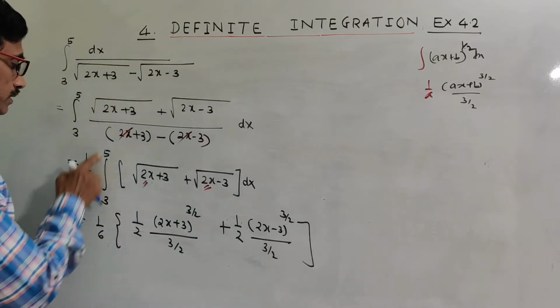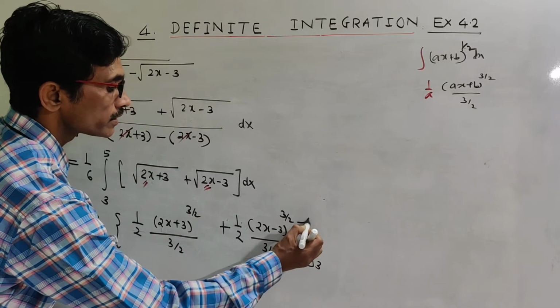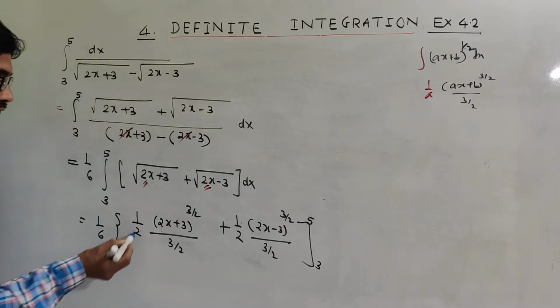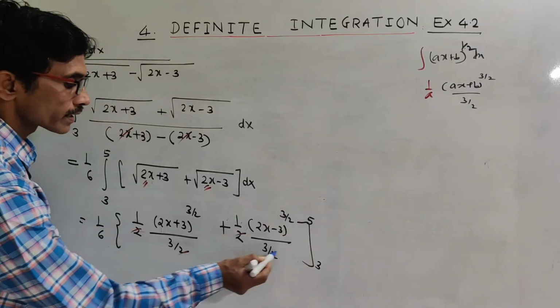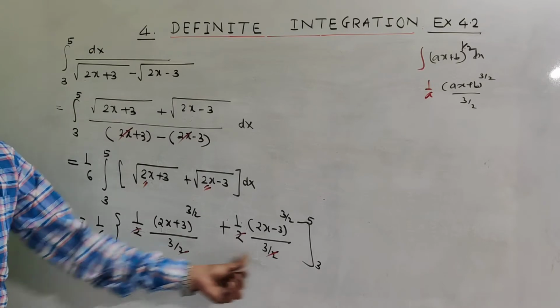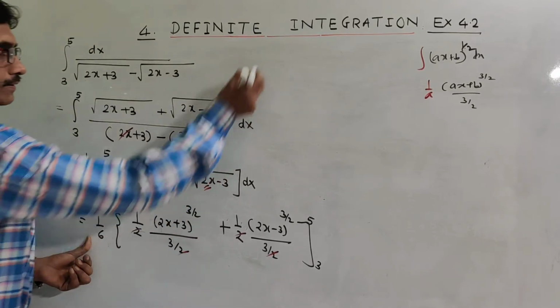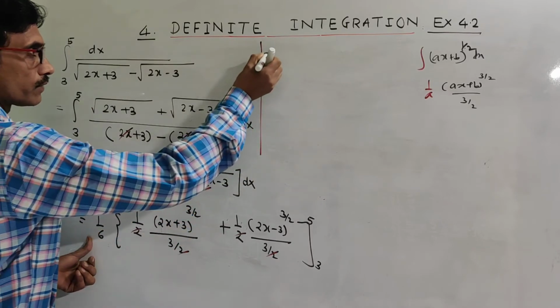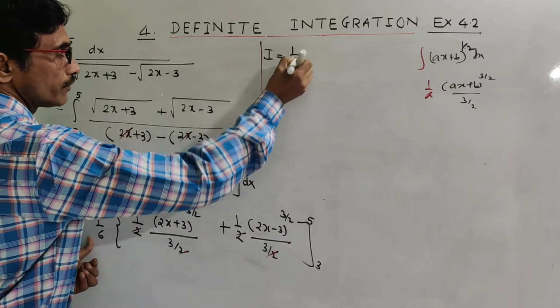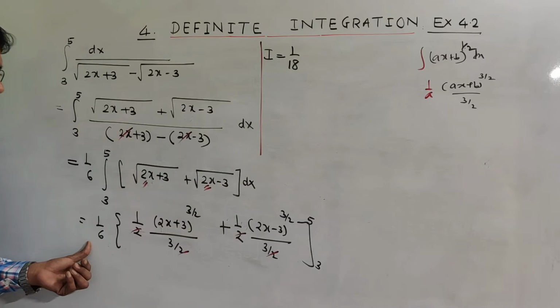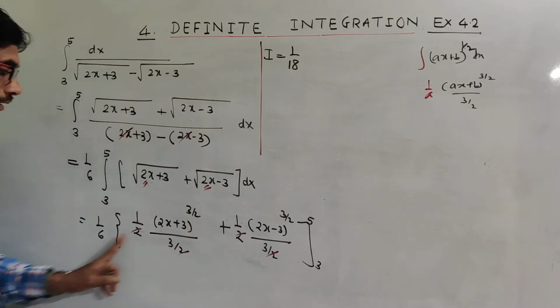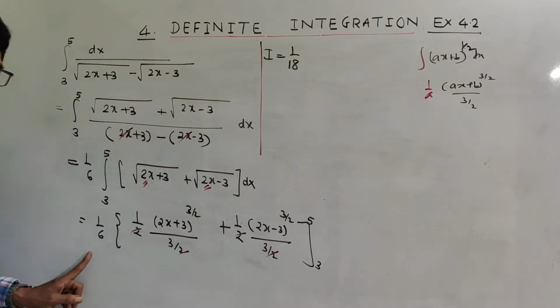Limits of the integration are 3 to 5. This 2 we can cancel over here, and this 2 we can cancel over here. And this 3 and this 3 we write outside. So it will be 1 upon 81, denominator 3 written outside.